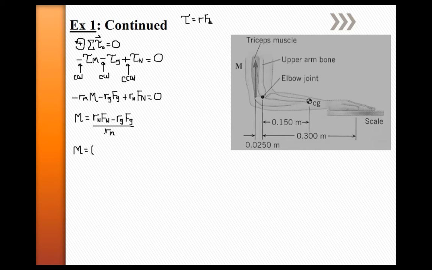Okay, so what is the distance from the elbow joint to the normal force? Well, look at the diagram here. It's 0.300 meters. What normal force is the scale pushing back on the hand with? I believe that force is 111 newtons.